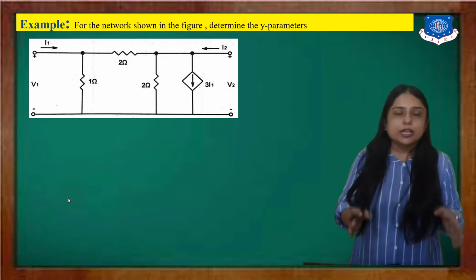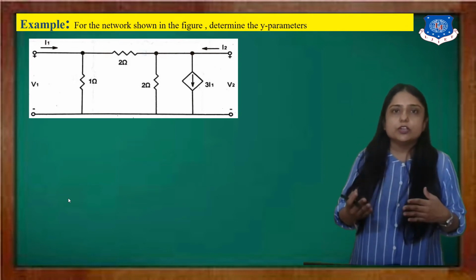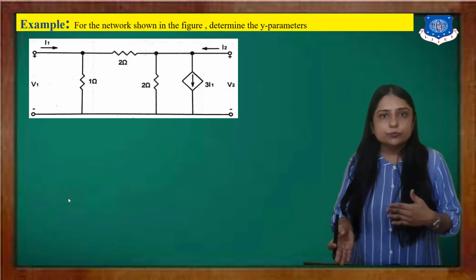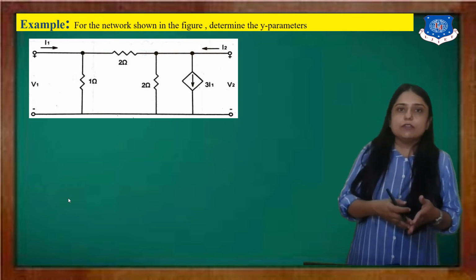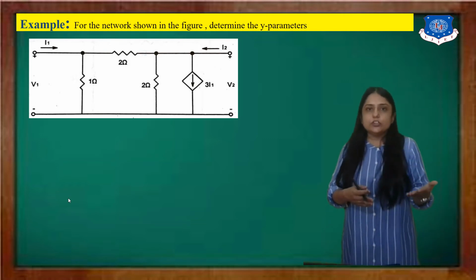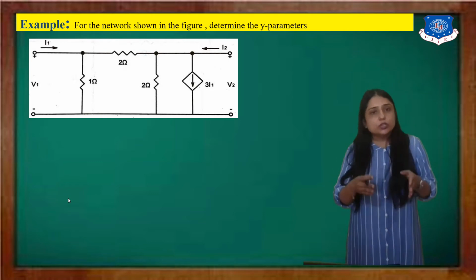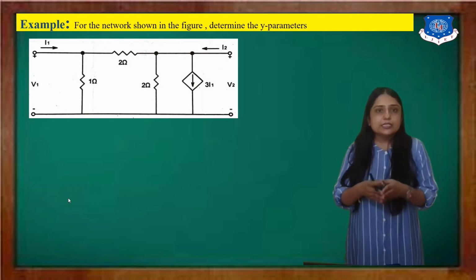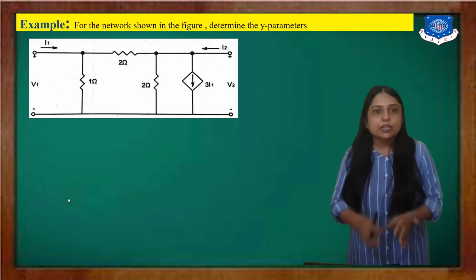So here I have to write the equations of I1 and I2. Instead of KVL, I want the equations in terms of current, so here I am using KCL, not KVL.